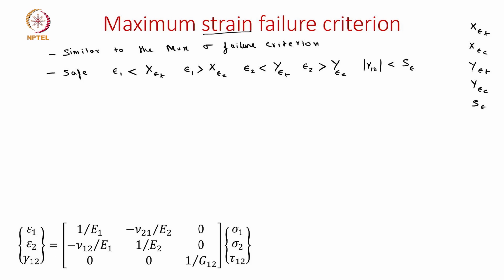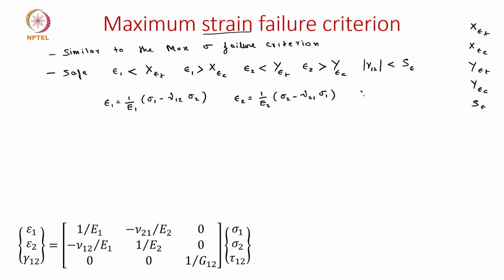Using this strain-stress relation, we can write epsilon 1 is simply 1 by E1 times sigma 1 minus nu 12 times sigma 2. Similarly, how can we write epsilon 2? That should be 1 by E2 times sigma 2 minus nu 21 times sigma 1.